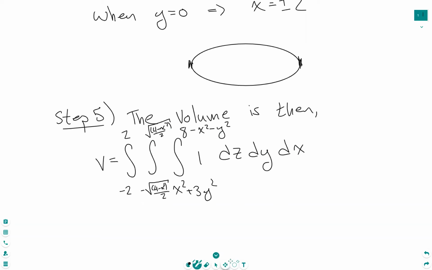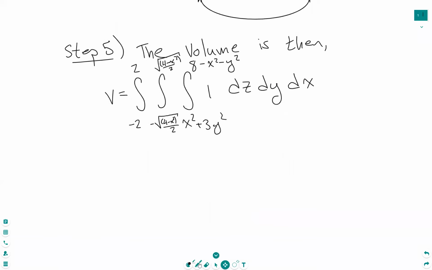So let's go ahead and actually integrate this. Let's give ourselves a little bit more room here. So we have -2 to 2, and then negative square root of 4 minus x squared over 2, and then the positive square root of 4 minus x squared over 2.